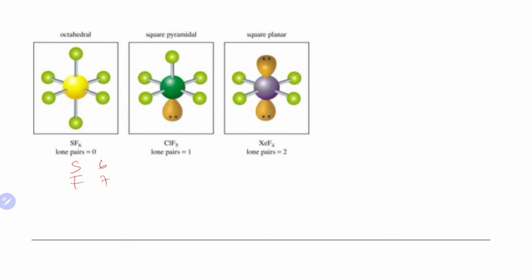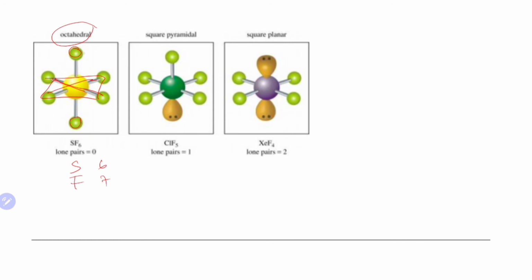So there are 7. If there are 6 bond pairs, then the shape is octahedral. In horizontal, this part, and 1 atom at the top, 1 atom at the bottom, like this.